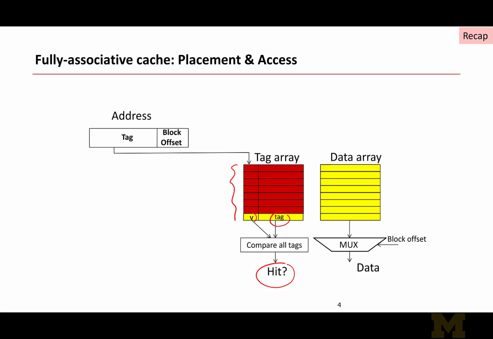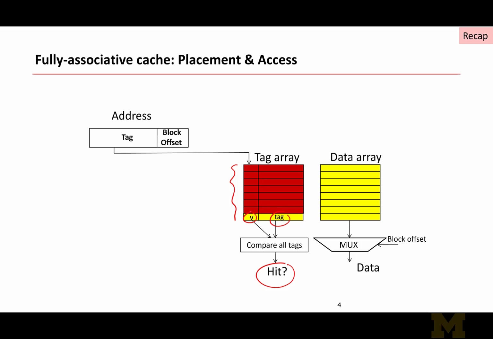It is also important that when the tag matches, the valid bit corresponding to that cache line is set, because we don't want to be accessing an invalid cache line which has been evicted before, or maybe we are just starting off the program, so the valid bit is not set. So the most important thing to understand here is the given tag is compared to all the tags in the tag array.